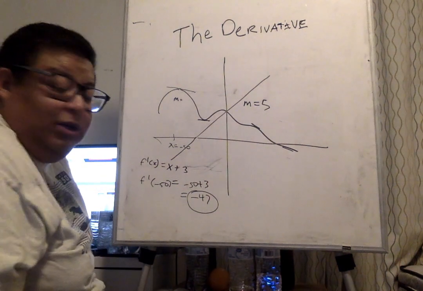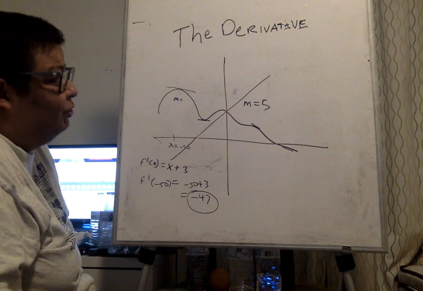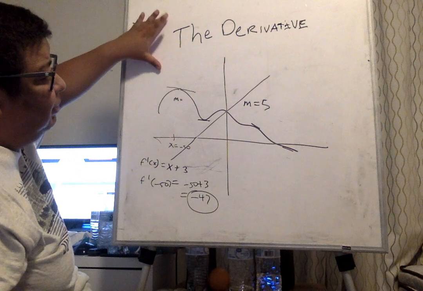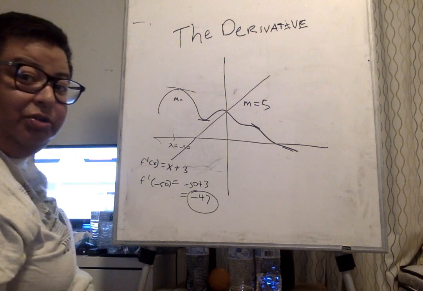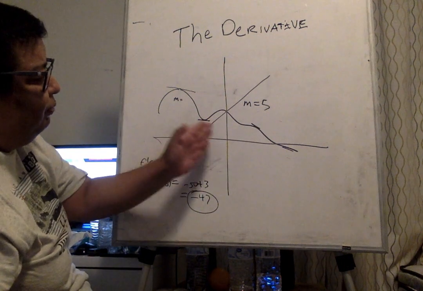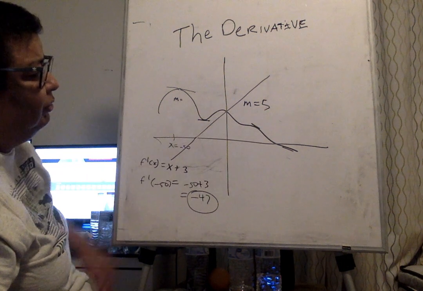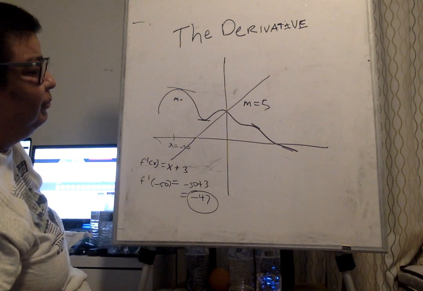So a function could be differentiable. When a function is differentiable, that means the derivative exists on that interval. So a function could be differentiable at every single point, at some points in the interval, or nowhere. We'll learn about those things later.